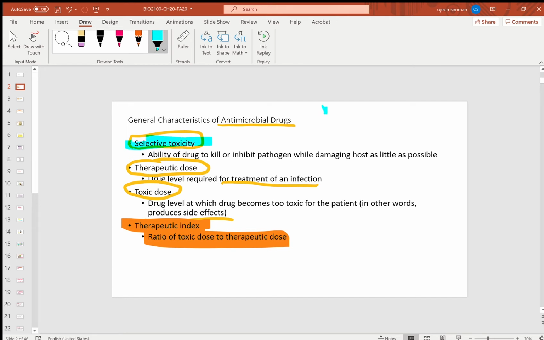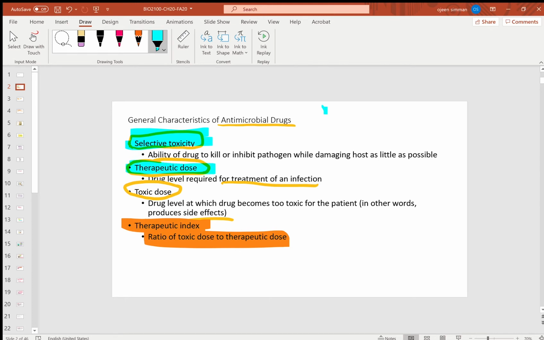Selective toxicity refers to the antibiotic's ability to kill or inhibit a pathogen without causing damage to the host tissue. Selective toxicity, that's what that means. Obviously, the more selectively toxic an antibiotic is, the better it is.